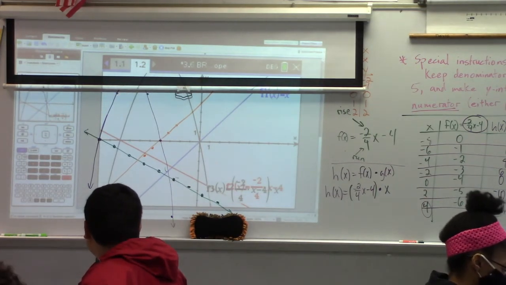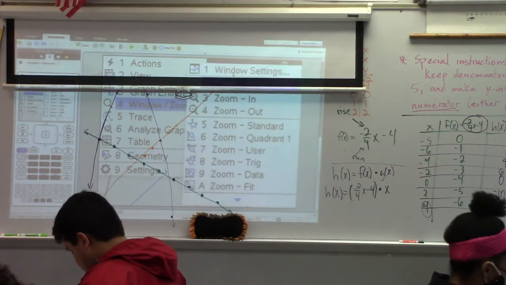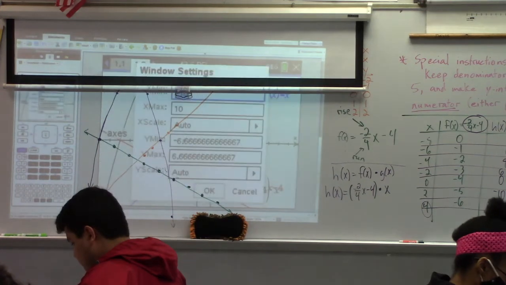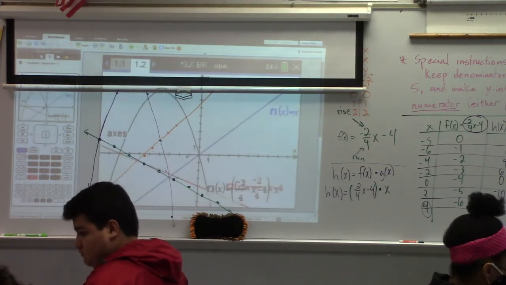That looks like it should. Yep. May have to change your window a little bit. I don't think most of us will. I'm just going to increase the y max by a little bit, say 10 or 210. There we go.